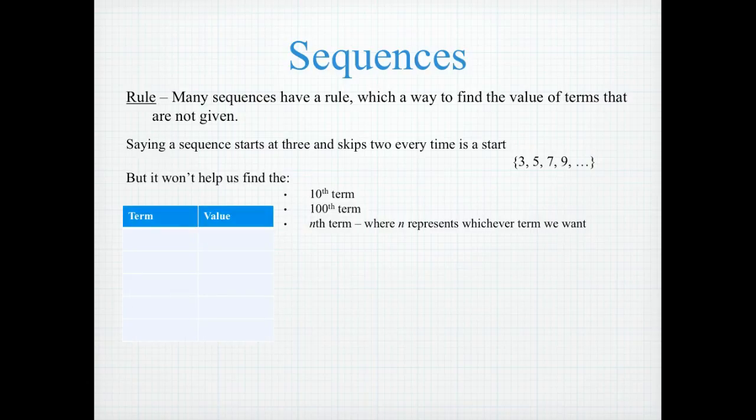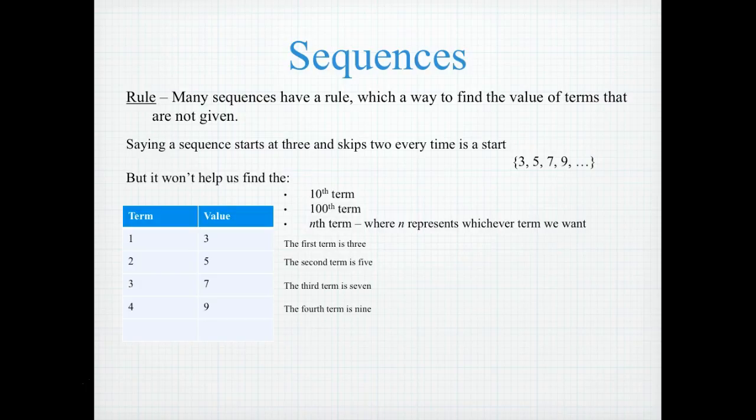So we're going to use a table here to identify what the nth term is, and that's going to provide us a formula which will allow me to identify any term we choose. So let's correspond the value of the term with the number in the order of the term. So the first term is 3, the second term is 5, the third term is 7, the fourth term is 9.